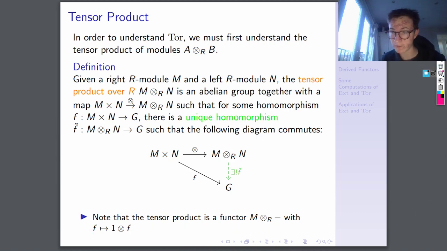And it's a covariant functor. And even if we swap these around, and we make it into a functor in the obvious way, it will still be covariant.